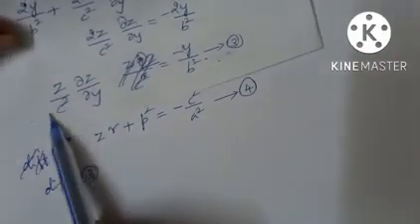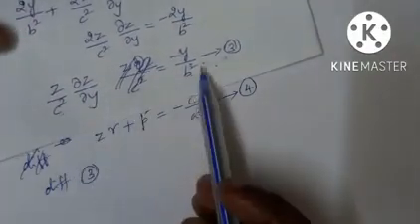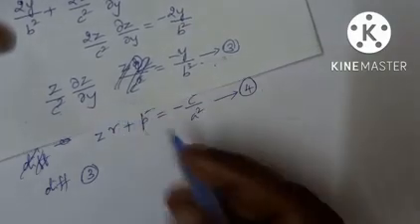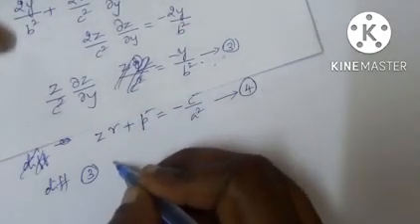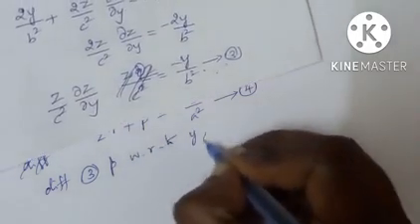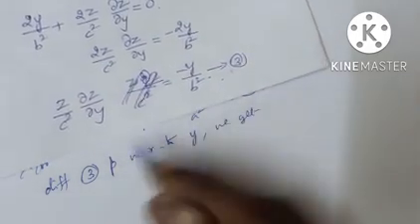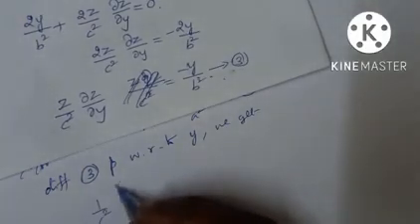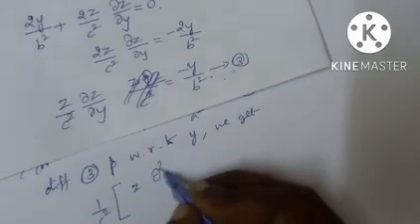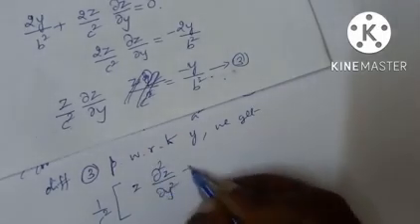That is, differentiate this third equation with respect to y again. Differentiate the third equation partially with respect to y. Take 1 by c square outside. Keep z, differentiate dou z by dou y, dou square z by dou y square.